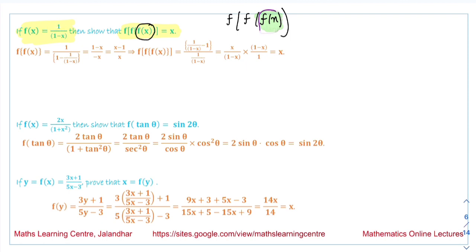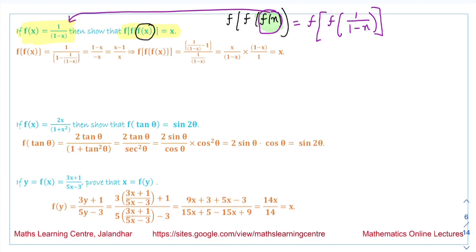We substitute the value of this f(x) as 1/(1 - x), so the answer we obtain is f(1/(1 - x)). Now again we use this function, so we write f(1/(1 - 1/(1 - x))).